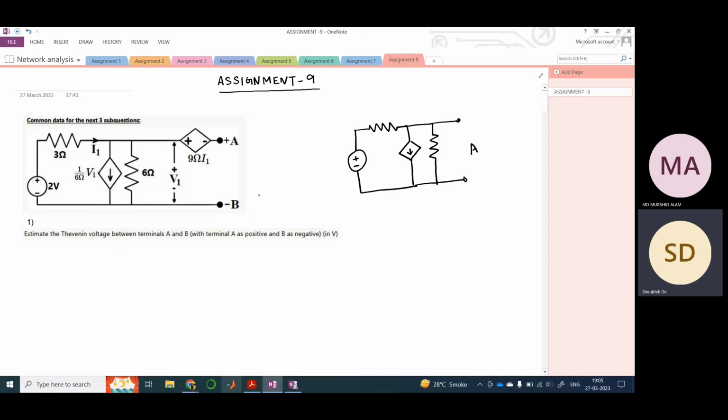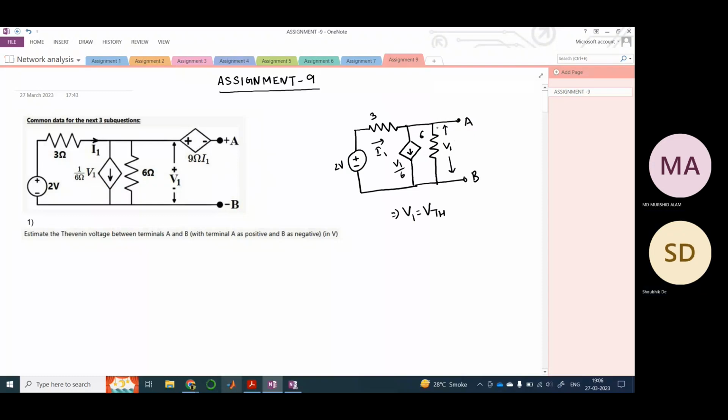And in this diagram, they have clearly mentioned that the voltage across the resistor is nothing but V1, and this is terminal A and this is terminal B, right? So this is 6 ohms, and the current flowing through this is I1, this is V1 by 6, right? So if this dependent voltage source is not there, you can easily write V1 equals to VTH, the Thevenin voltage across terminals A and B.